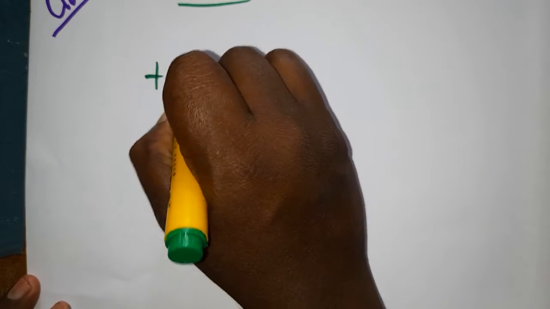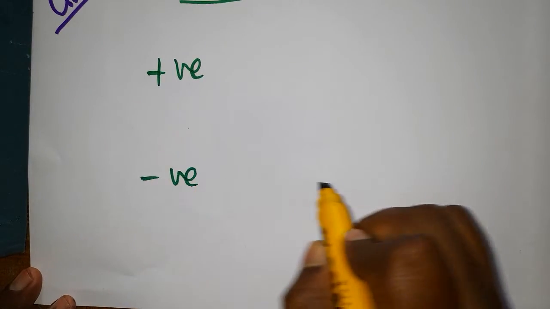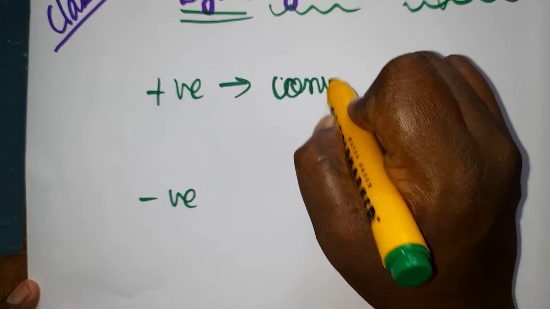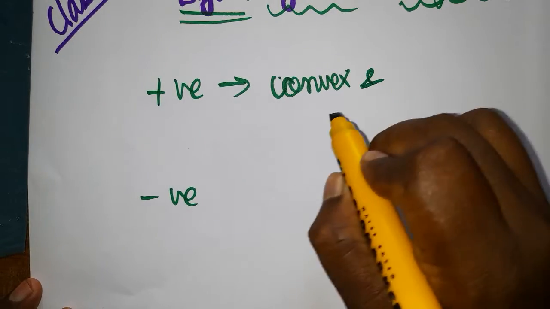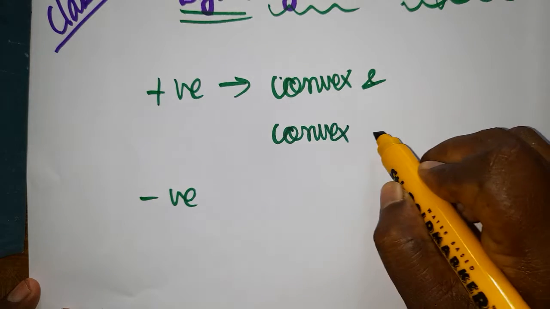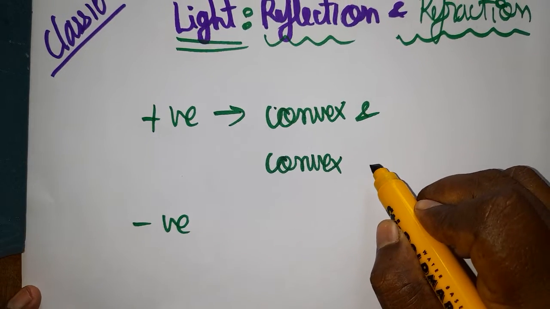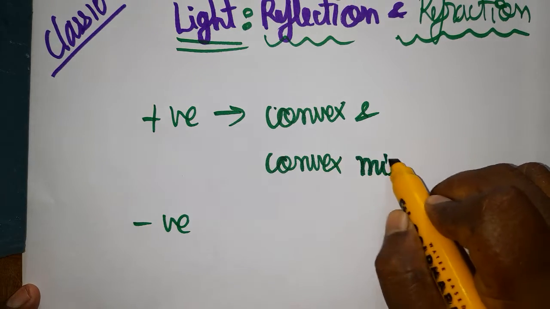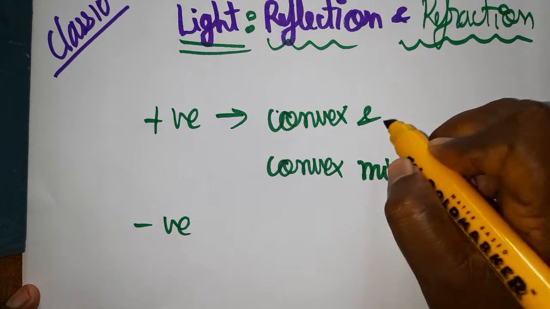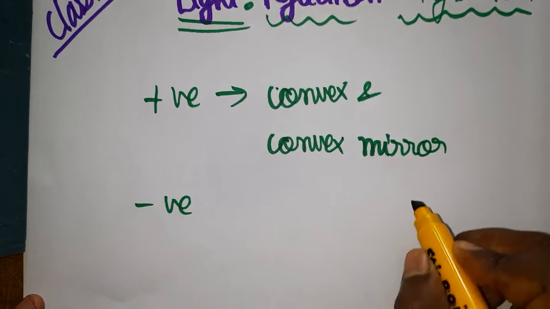First we will be seeing positive optical devices and negative optical devices. Positive optical devices are the convex lens and convex mirror. Whether it's a mirror or a lens, we can take this as positive.